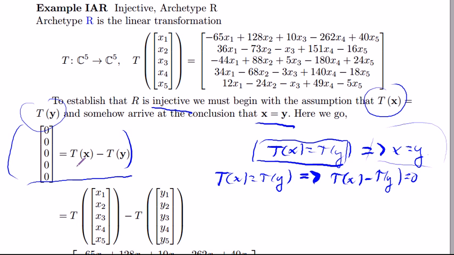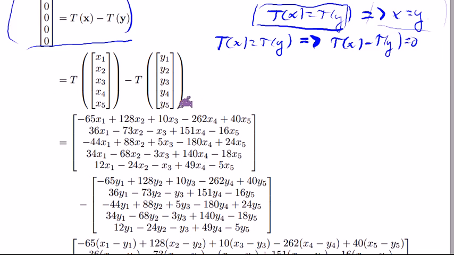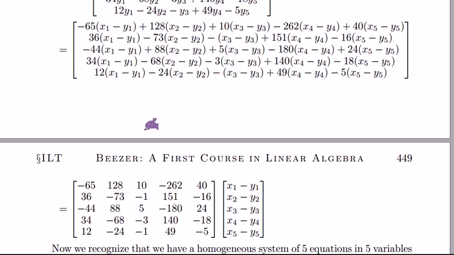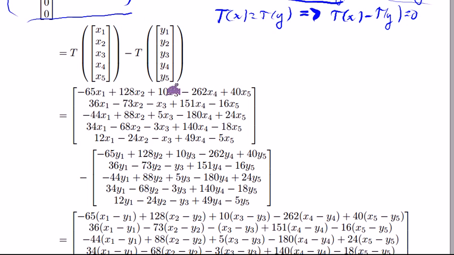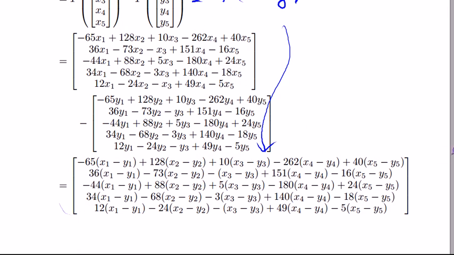If we have this, then we can use the linearity property to say that 0 must be equal to T of x minus T of y, and we know that this is equal to T of x minus y. We could have cut to the chase right down here, because this expresses T of x minus y.